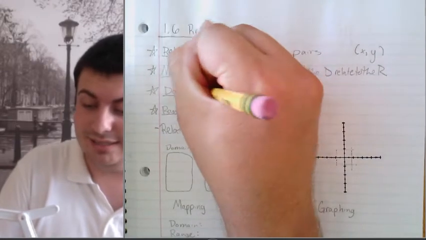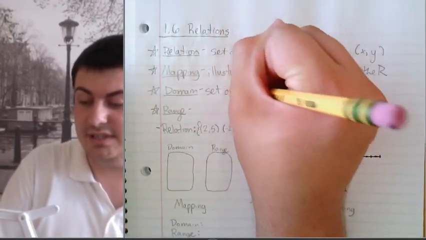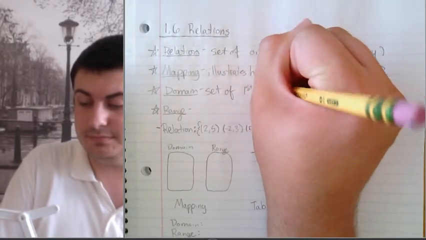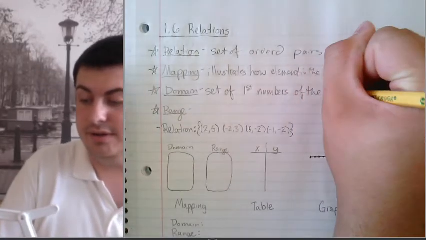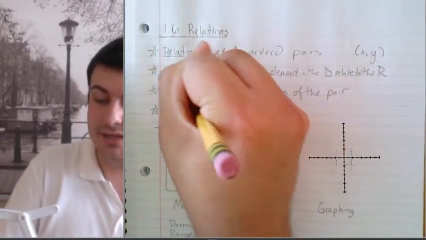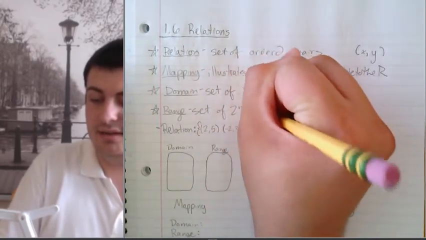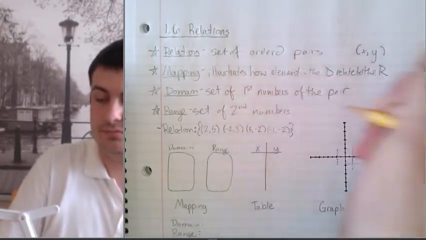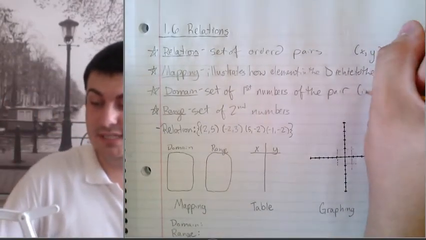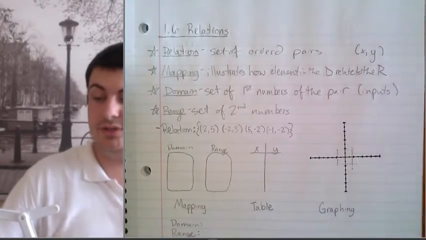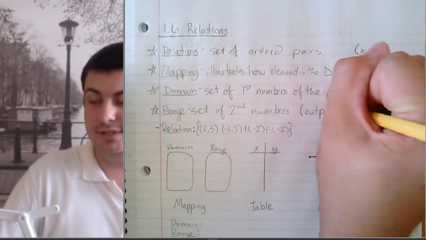The domain is the set of the first numbers of the ordered pair, and the range is the set of second numbers of the ordered pair. So the domain is all those first numbers, we can think of those as the inputs. The range is a set of second numbers, we can think of those as the outputs.